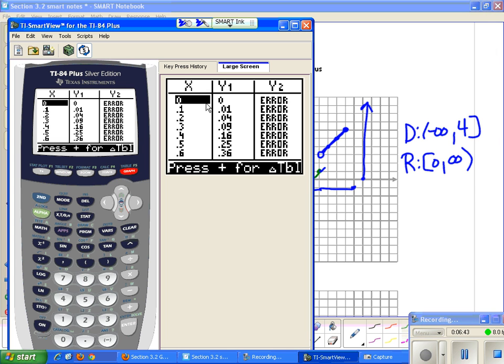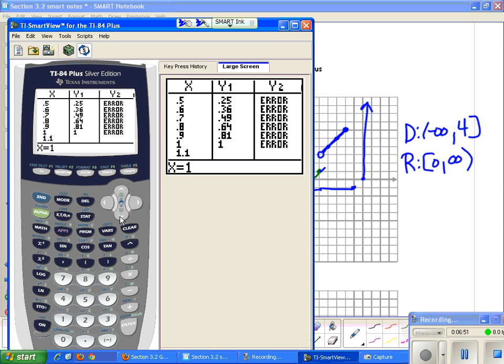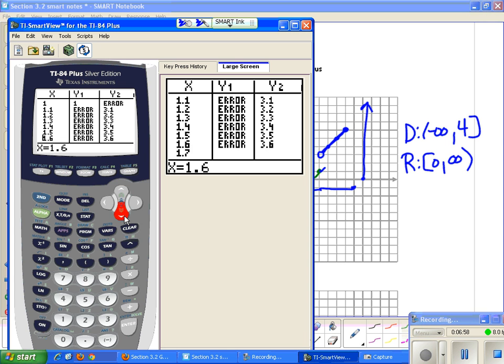Notice I have values here. It's just that if you didn't change that on your window, you wouldn't have seen that you had values in between as you start right here. So at 1.1, we have 3.1. At 1.2, we have 3.2, and so on and so forth. Whereas before, it just said that we were starting at 2, 4, which would have been incorrect.